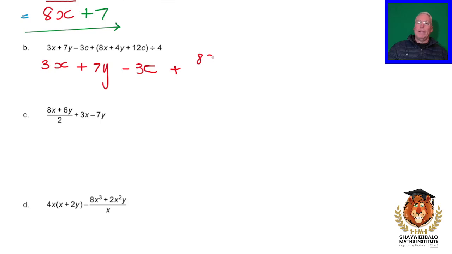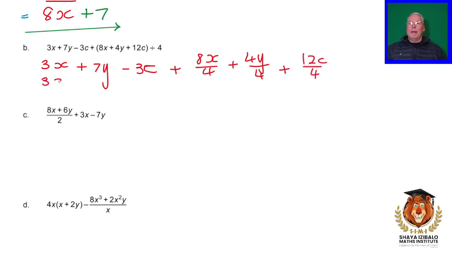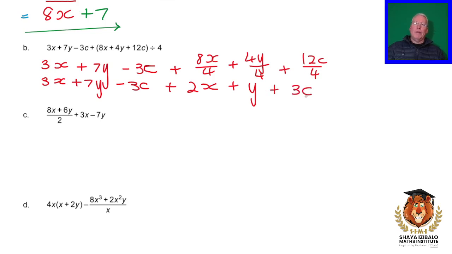So we're going to have 8x divided by 4, 4y divided by 4, and 12c divided by 4. Okay, this becomes 3x plus 7y minus 3c. This becomes 2x, 1y, 4 divided by 4, just 1y, and 12c divided by 4, 3c.